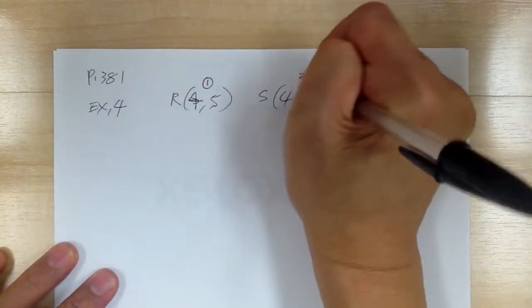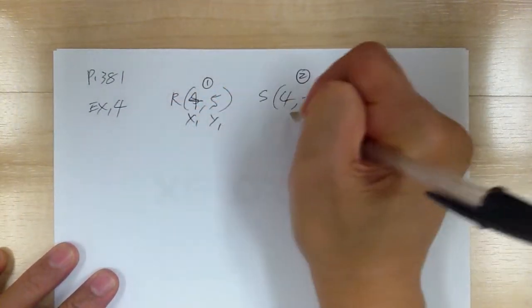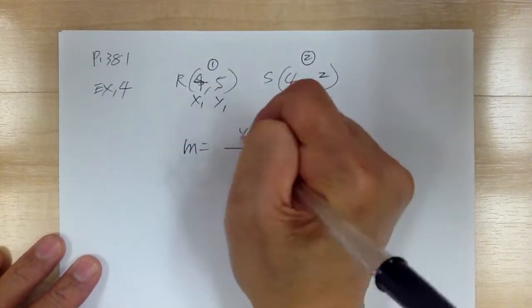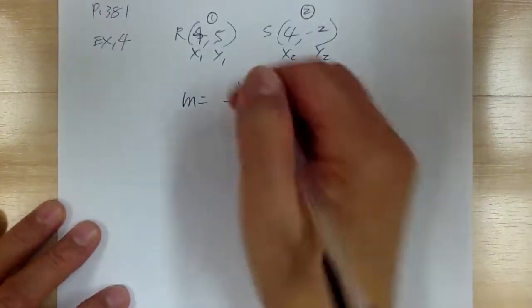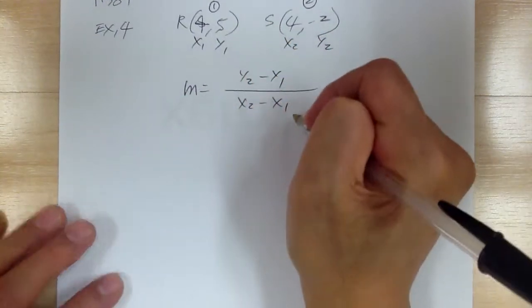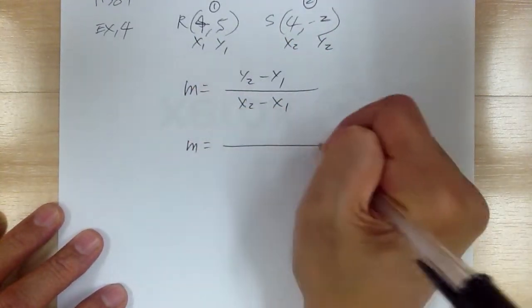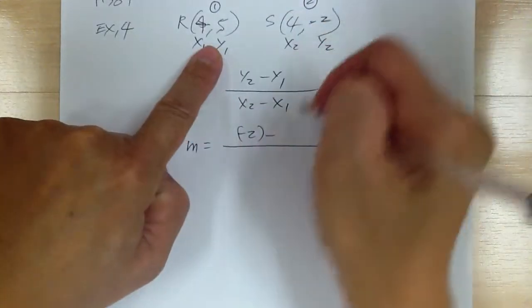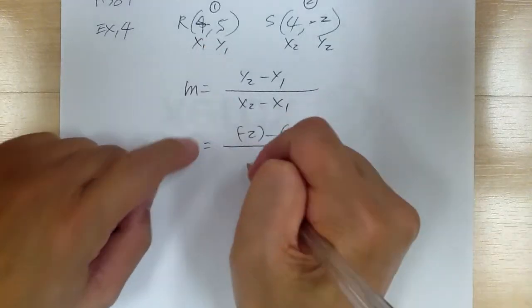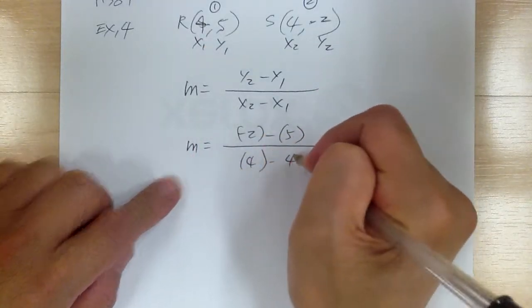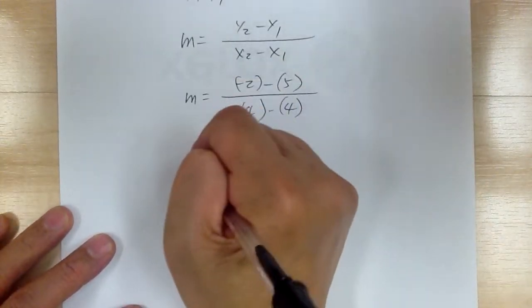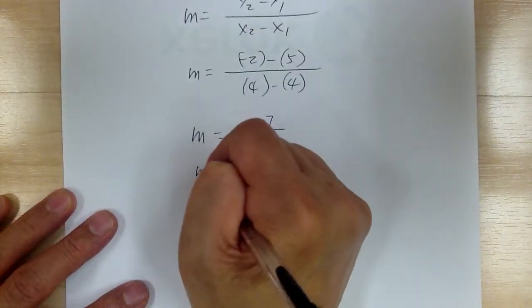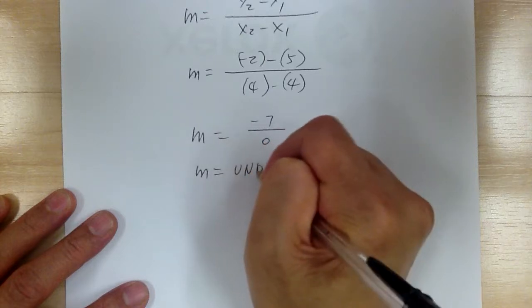This is point 1, point 2, so x1, y1, x2, y2. So slope equal to y2 minus y1 over x2 minus x1. So slope equal to negative 2 minus 5, and you have 4 minus 4. So m equal to negative 7 over 0. So that means the slope is undefined.